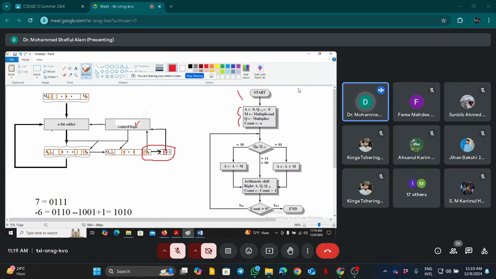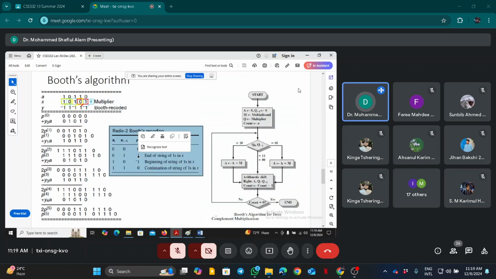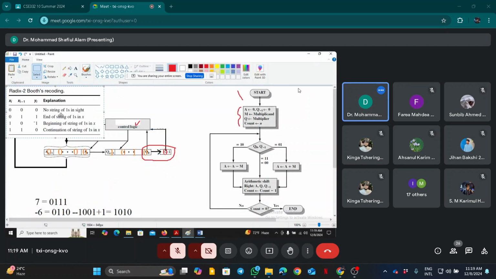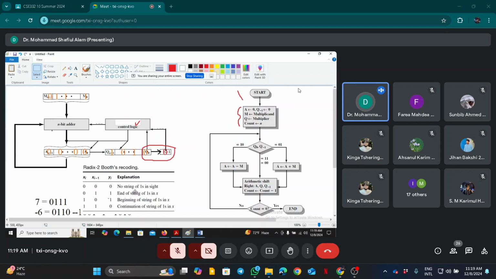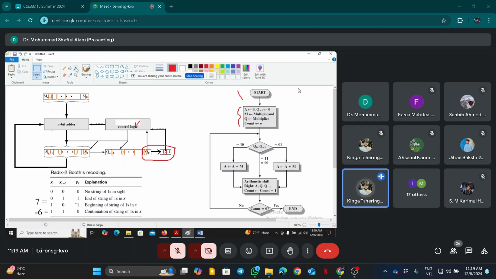If you look at the slide, this is the Booth code.